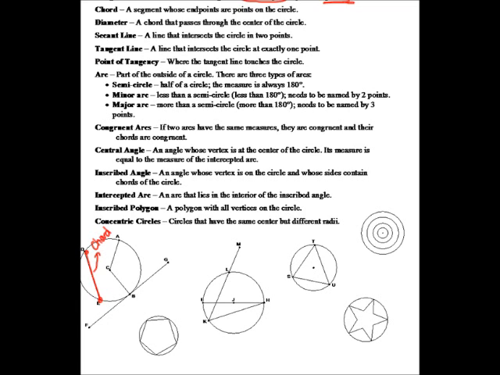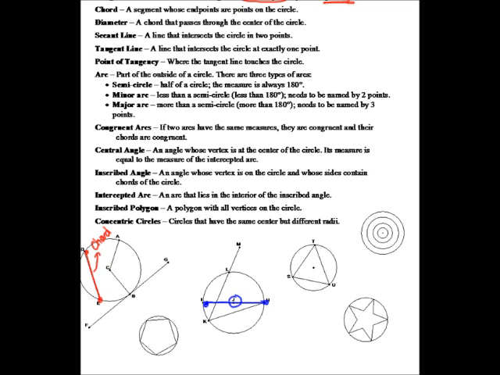It's an example of a chord because it's a segment whose endpoints are on the circle. Another example of a chord is a diameter. A diameter is a chord that has to pass through the center of the circle. So looking over in the middle, IH is a diameter because it's a chord that passes through the center point J.